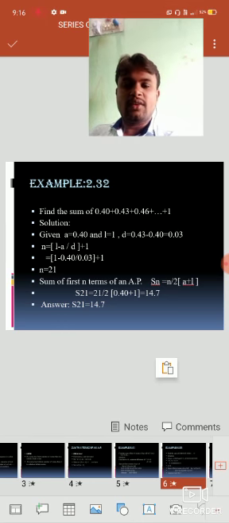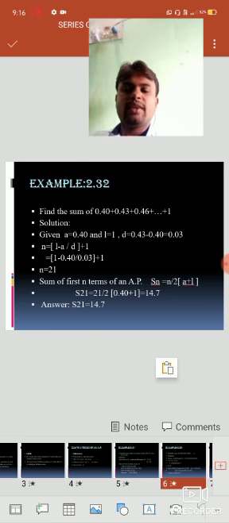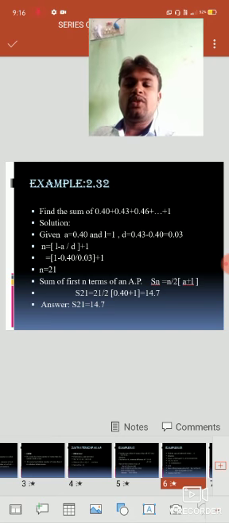So 0.40 plus 1 is 1.40, and 21 by 2 is 10.5. So you multiply and the answer is 14.7. So the sum of 21 terms of the arithmetic progression is 14.7.